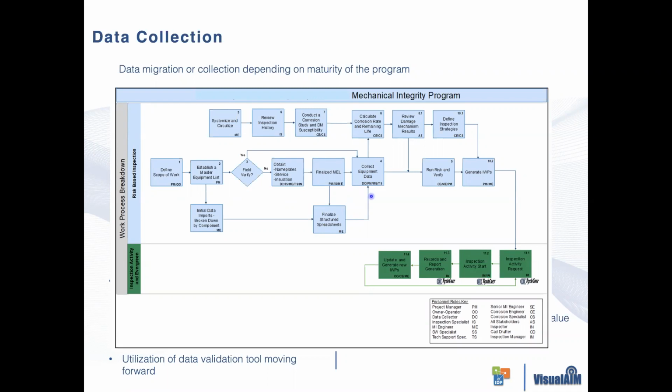Throughout this process, especially if the customer is heavily involved in collecting the information of the assets, you want to make sure that they get constant on-the-job training to understand the basic API concepts and where the data is going to be coming from, to ensure that the data they're putting together is as accurate as possible, and it's going to require as little rework as possible throughout the mechanical integrity implementation.